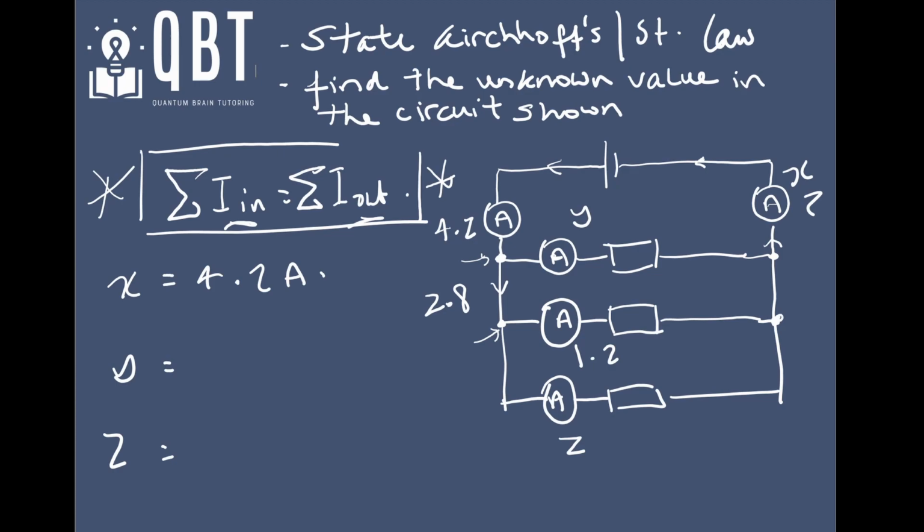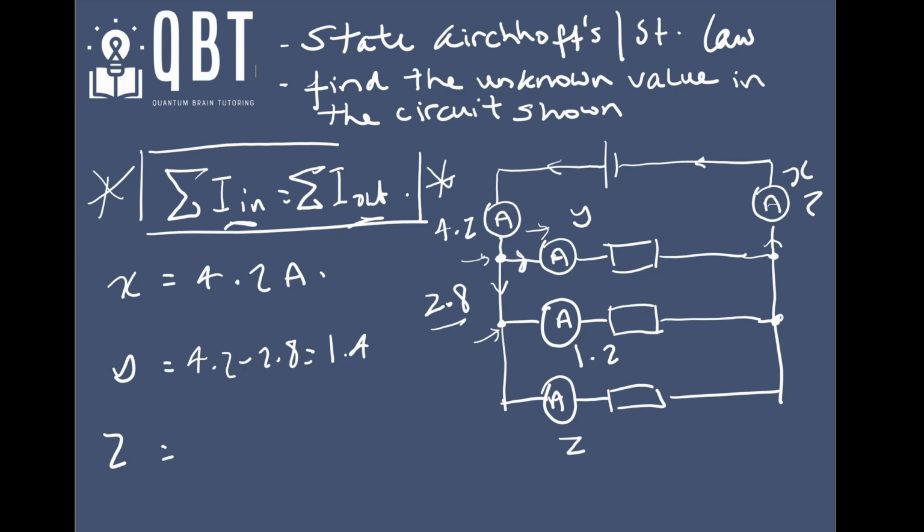Well, if it starts off as 4.2 amps and it splits at this junction here, and 2.8 amps leave as it's travelling down, then the remaining current has to travel across through to Y. So at this junction, the current is 4.2 minus 2.8, which is 1.4 amps.